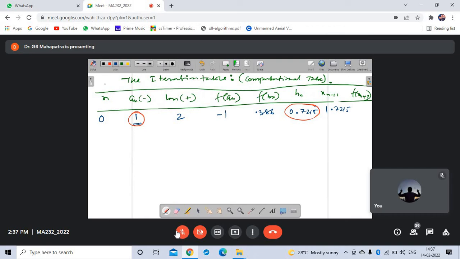I will write here f of x equals x ln x minus 1. This is the function f of x. So now f of 1.7215, what is the answer? Minus 1.2365, sir.